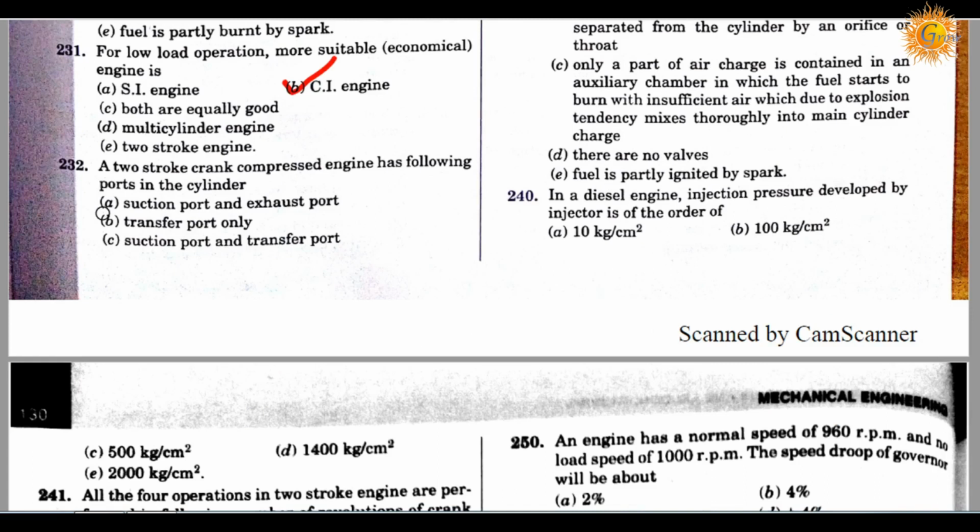Question number 232. A two-stroke crank compressed engine has the following ports in the cylinder.